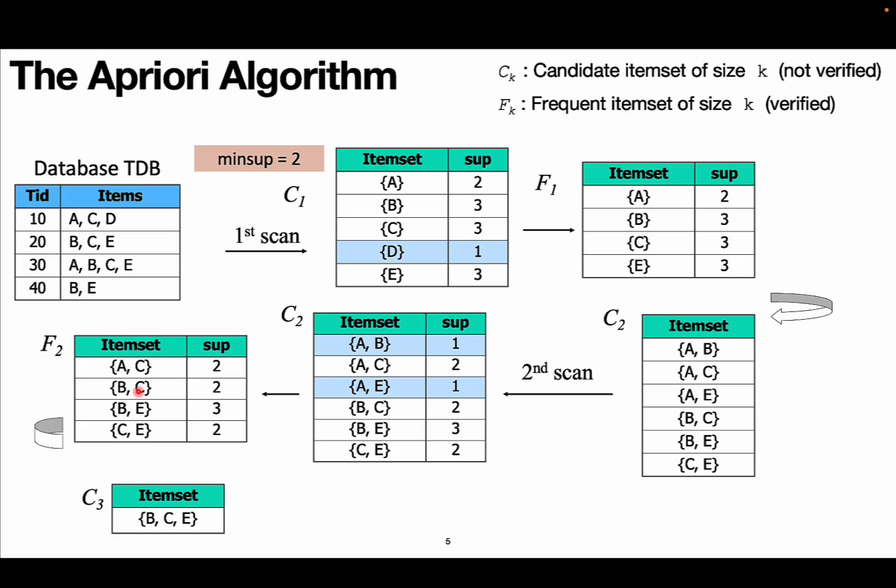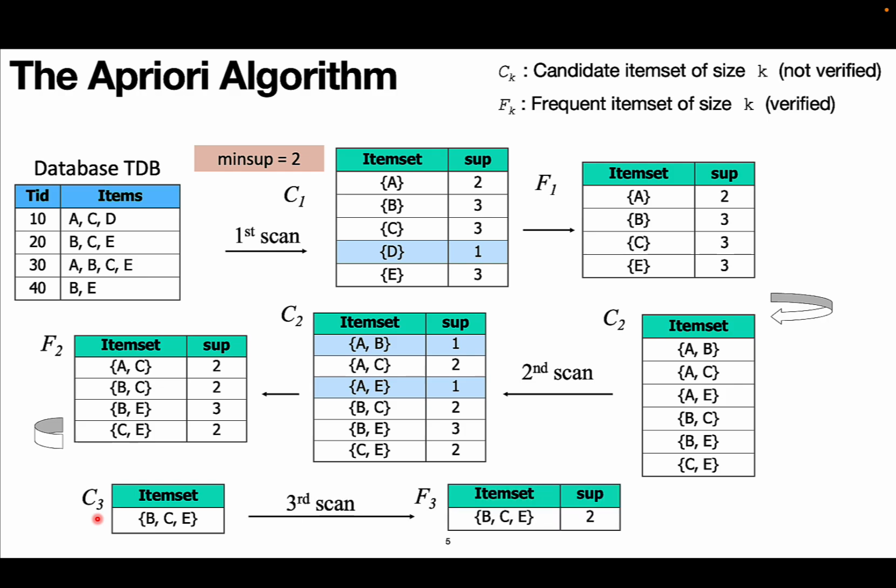We will explain this in a minute. Now that we got the next candidate, we go and check this candidate against the database. At the end, the algorithm was able to find frequent item sets of size 1, size 2, and size 3.